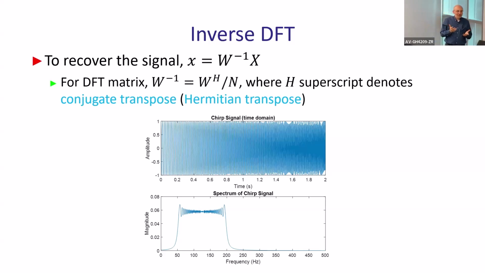Not convenient, okay? So you define a single type of transpose, which is called the Hermitian transpose, which works for both real matrices and complex matrices. Okay? And then if these matrices are unitary, orthogonal, then that kind of transpose is their inverse.